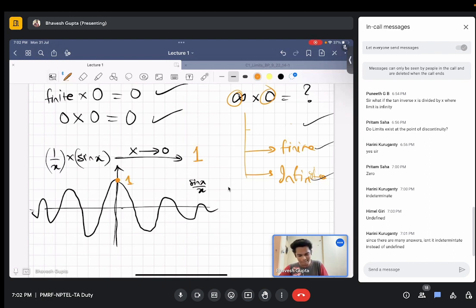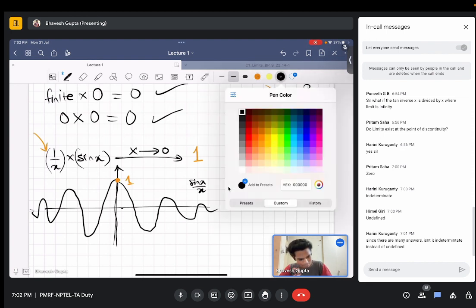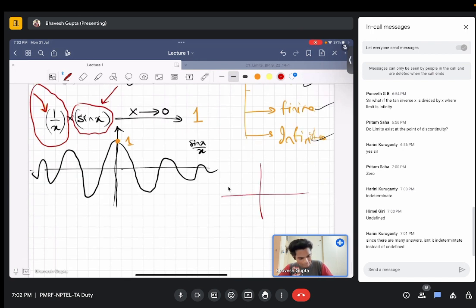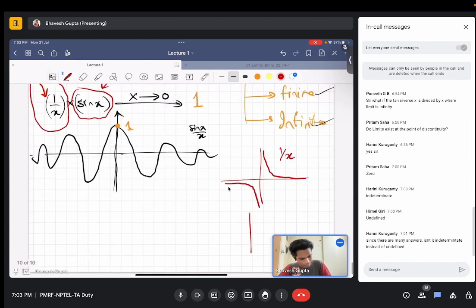But over here in this case, if you see this 1 over x, if you see carefully this 1 over x, this goes to infinity, right? So a very large number. But if you see this very carefully, this is 0. I can draw the graphs, this and this. This is for the 1 over x, and this is for sin x.